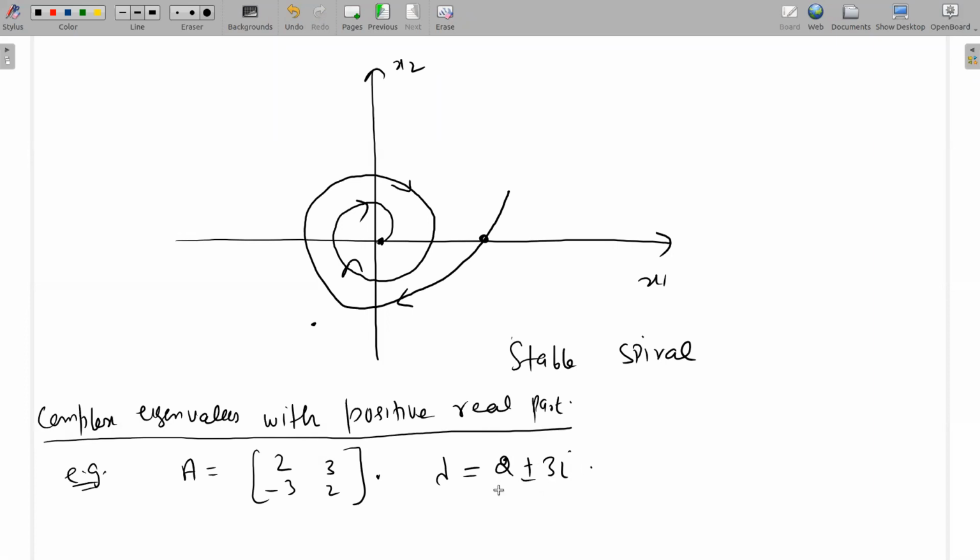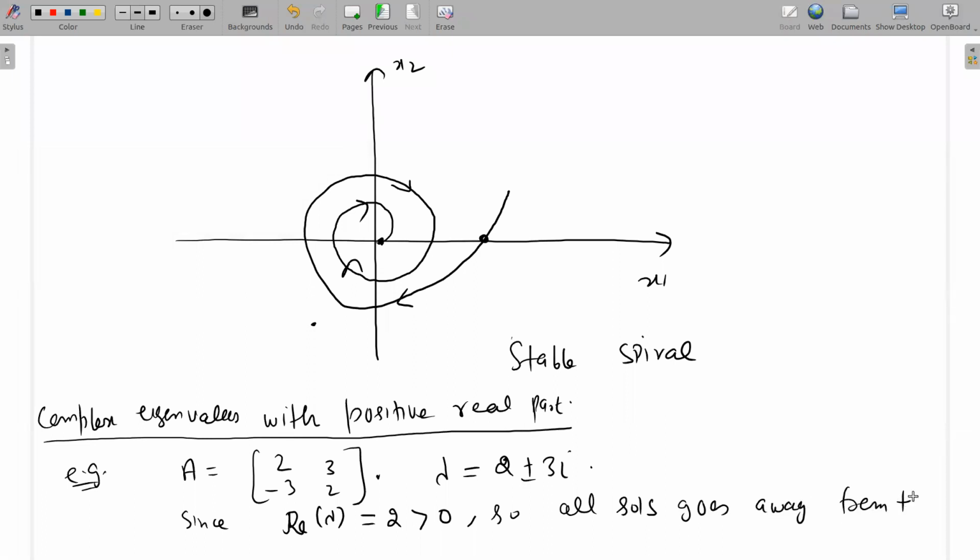You can check. Since real part of lambda is 2, which is positive, so all solutions go away from the critical point, which is origin. So in this case, critical point is unstable.